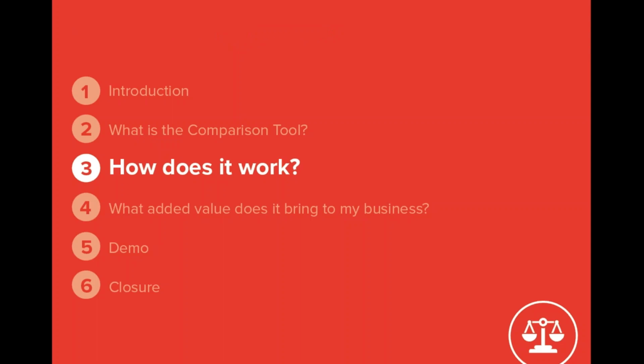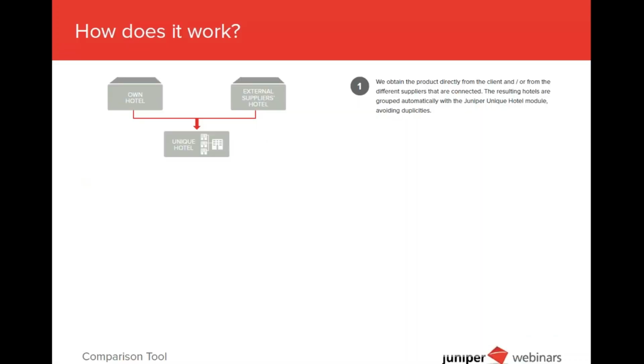How does the comparison tool work? We've also used this picture so you can see how it works. As all of you know, the different products, the hotels, can be either your own accommodation or they might come from the several different suppliers that you have connected.